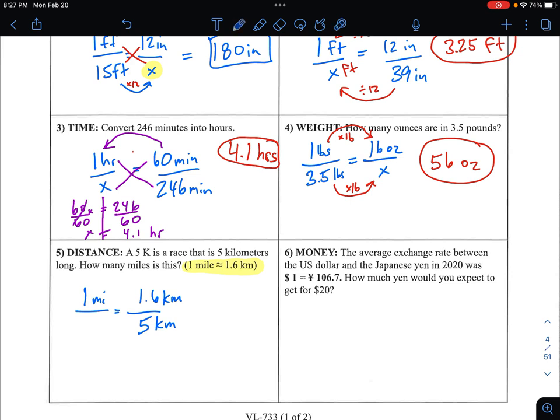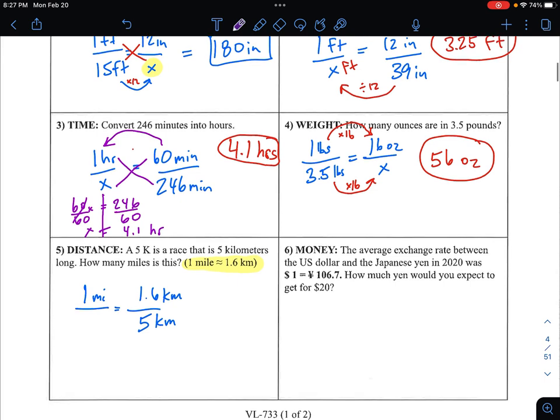As I've said before, if I had set it up differently, let me show you a quick alternate way of doing this. I could have also done 1 mile is the same thing as 1.6 kilometers. So where would I put 5 kilometers? Would I put it on the top or bottom? Take a lucky guess.